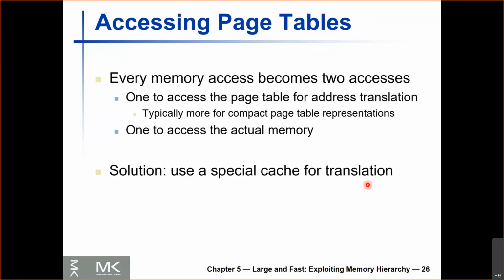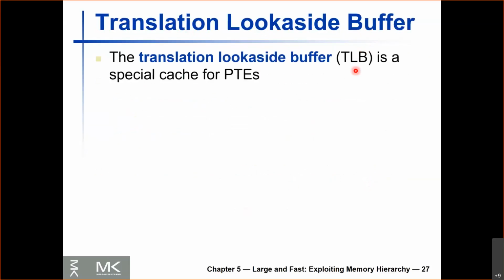And we have a special name for this cache. That special name is the translation Lookaside buffer. The translation Lookaside buffer is a special cache for page table entries. It caches our address translations. And it does not need to be large, right?